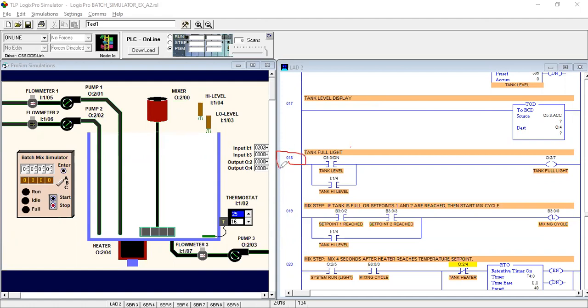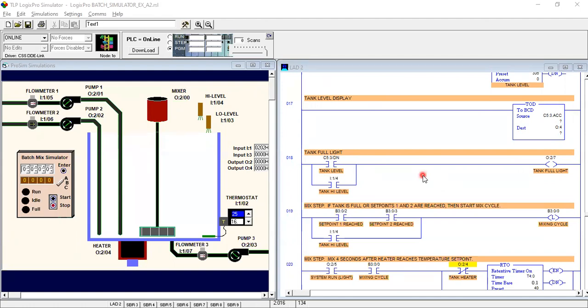So here we have to put this address for representing our tank level quantity. And in the 18th rung we have the tank full light, which is the tank high level sensor. This is for controlling the holding.